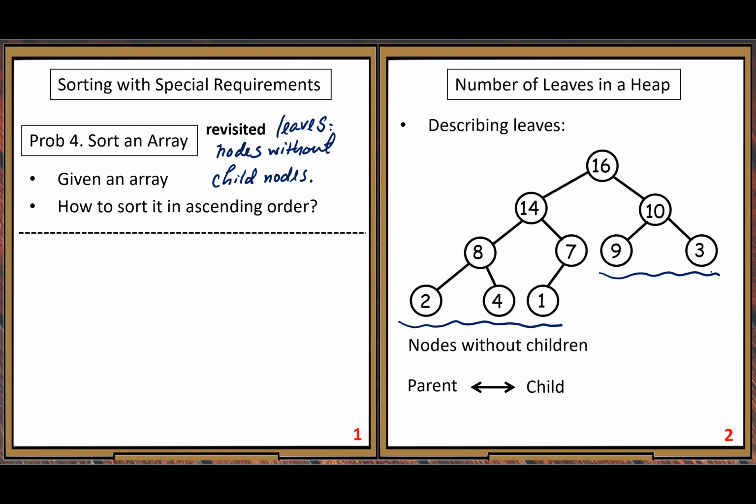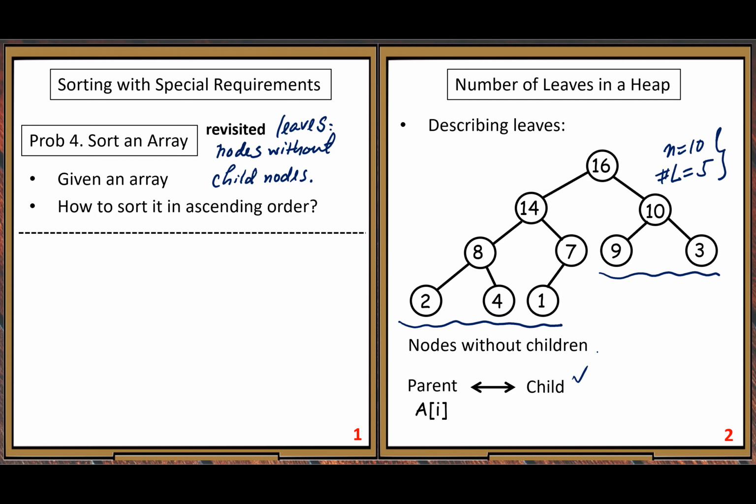So let us look at the total number of nodes. Total number n equals 10, right? The number of leaves equals 5. Look at this. What is the relationship? So let us find that formula first. In order to find the formula, we need to study the parent-child relationship.